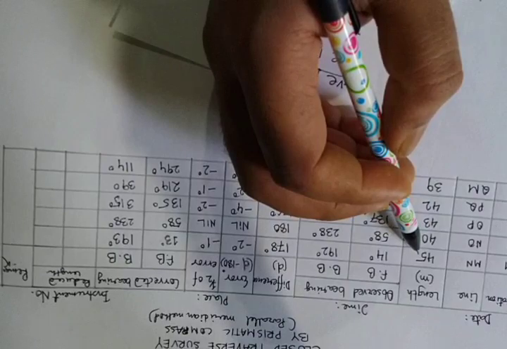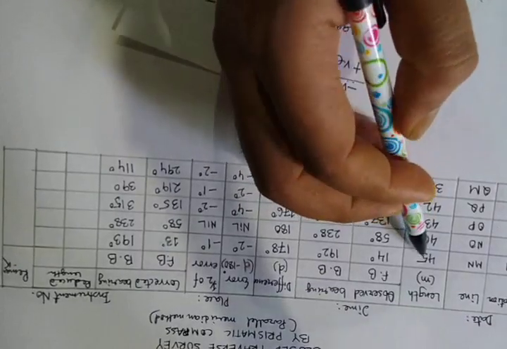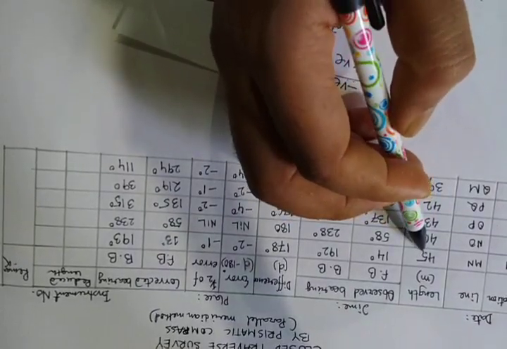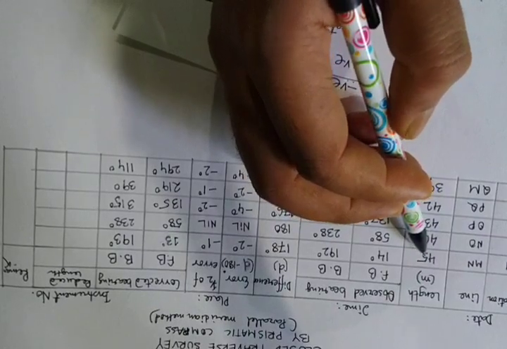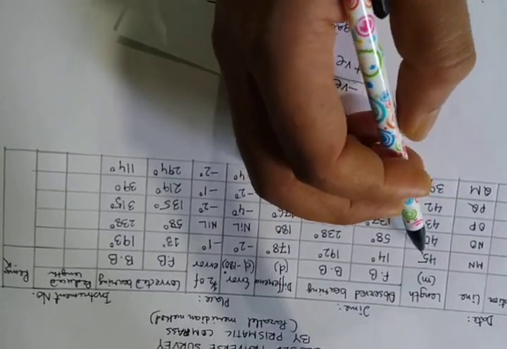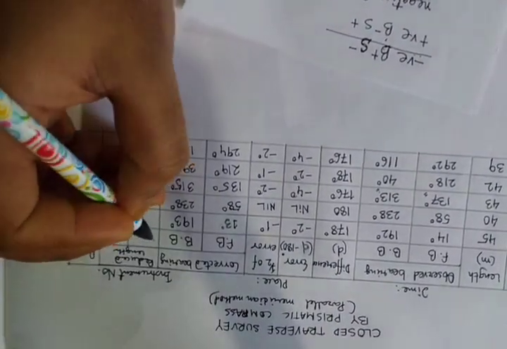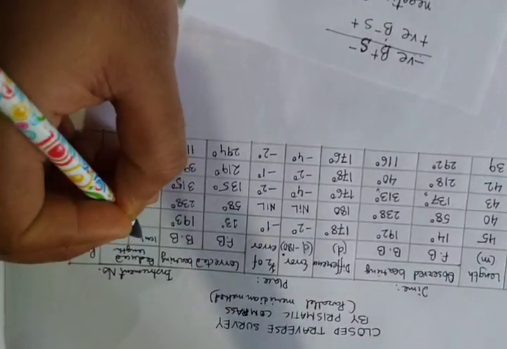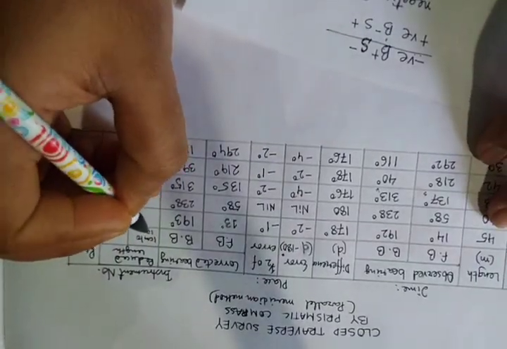You can't draw 45 meters on your paper, as this paper is too small for such a length. So you can reduce this value using a scale. I am taking a scale here of 1 cm to 10 meters.